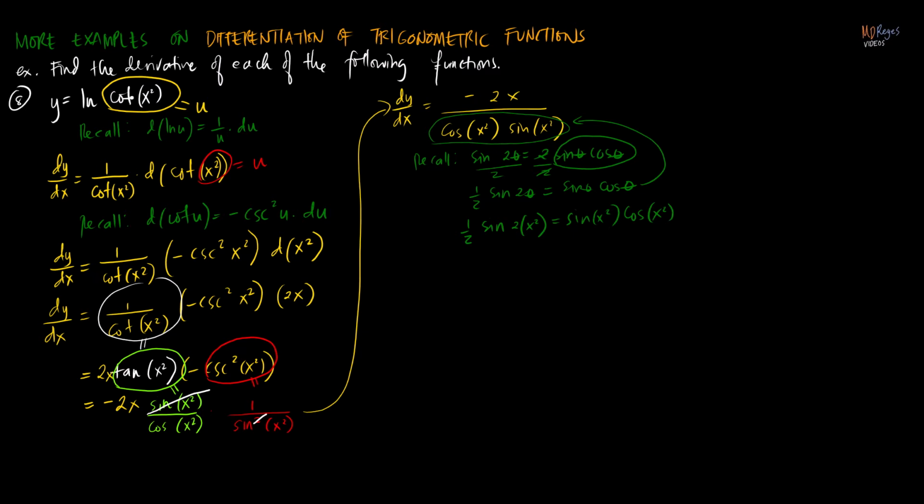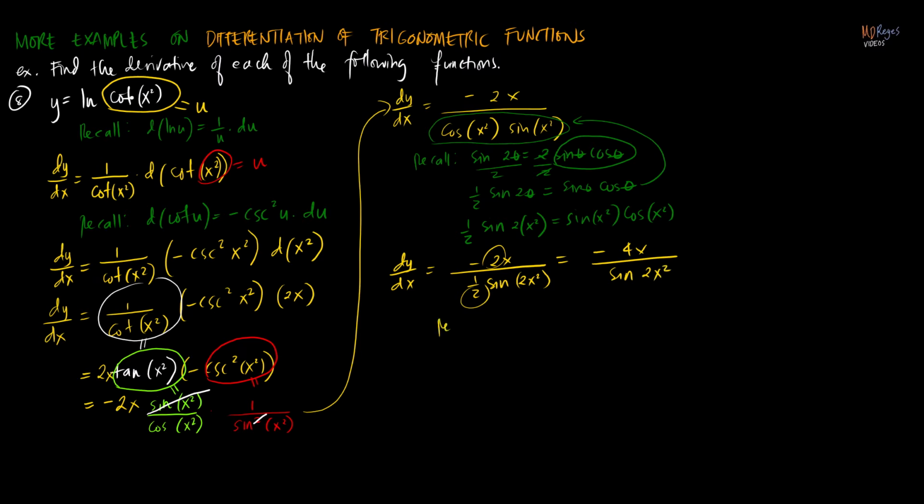So the denominator can be written as 1/2 sine of 2 times x squared. Rewriting, after using the double angle identity, and multiplying 2 and 2 in the numerator, we'll have negative 4x over sine of 2x squared.